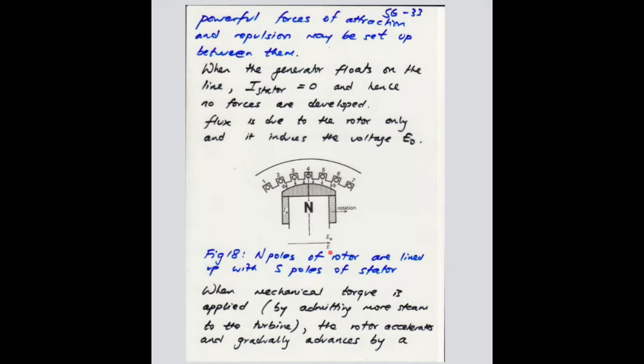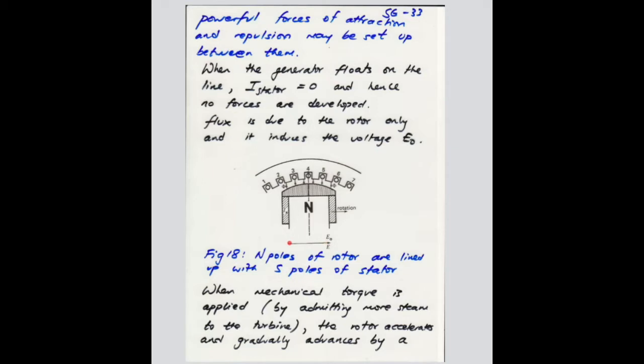For that to happen, there must be no current flowing in the stator winding, right? So you're only applying a certain field current, If, on your rotor side, and generating an induced voltage E0 that is equal in magnitude to the terminal voltage of your system, right?